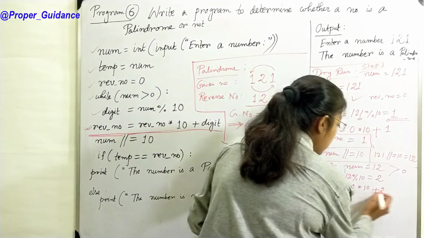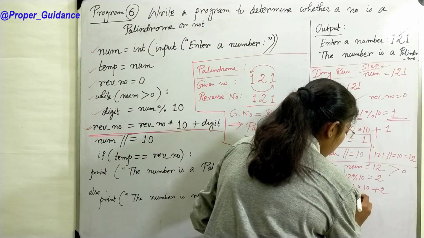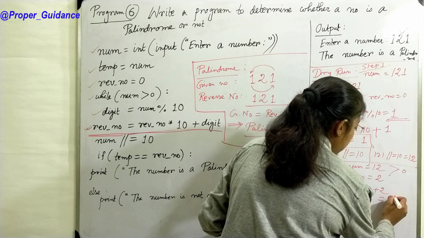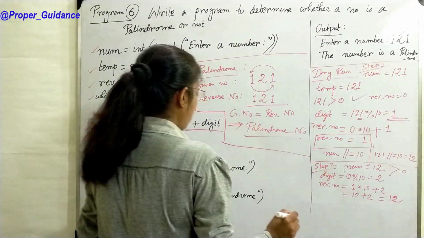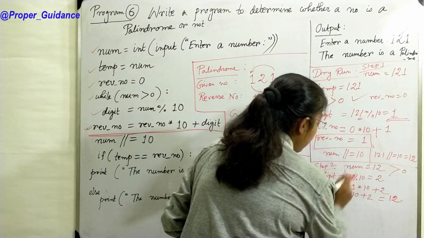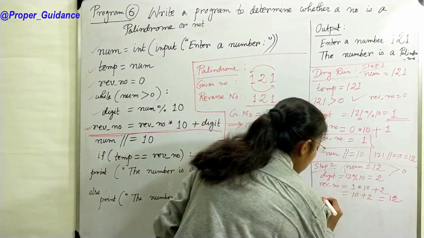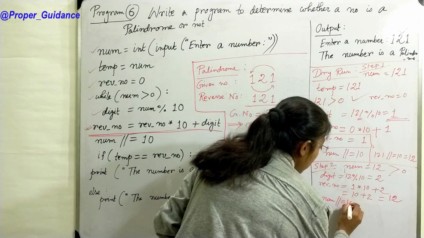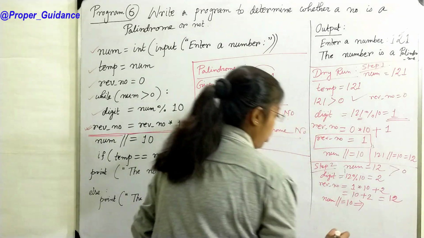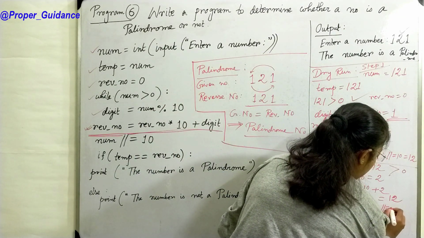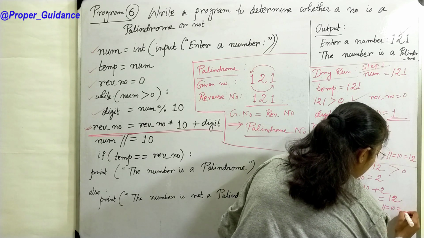So this will be 10 plus 2, that is 12. Okay, so the reverse number is collected here. Again, num equals num integer division 10, that is 12 divided by 10, which is 1.